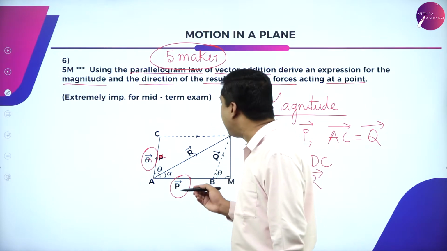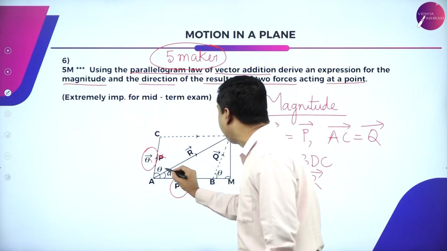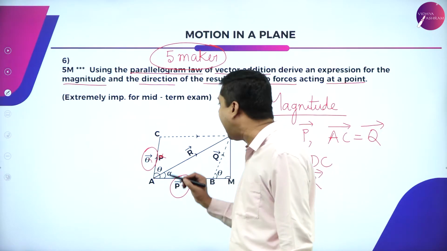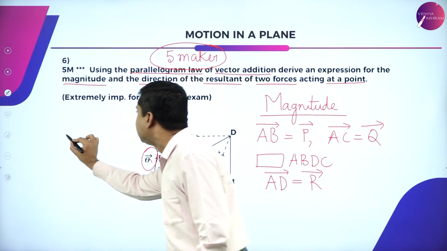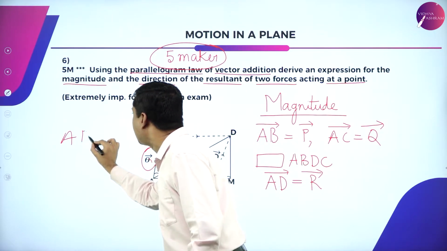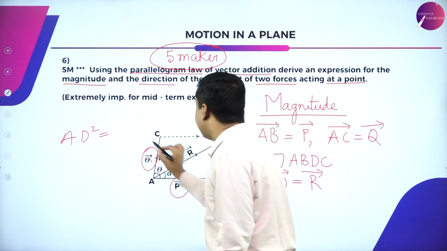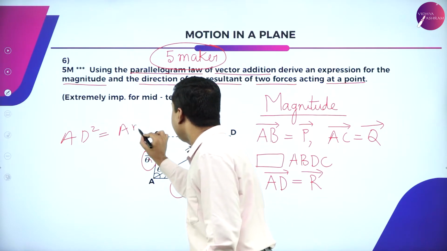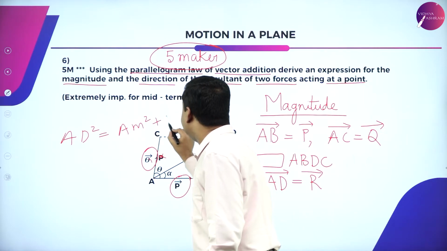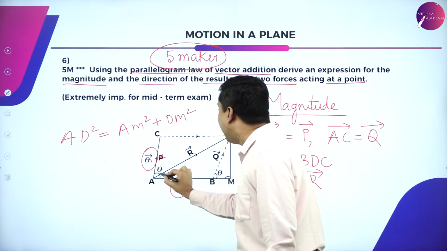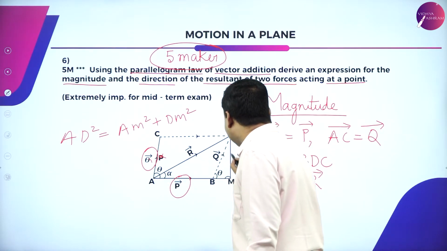So, by Pythagoras theorem, very simple. ADM is a right angle triangle. So, what is AD square equal to? It is AM square plus DM square. So, this is from the triangle ADM.